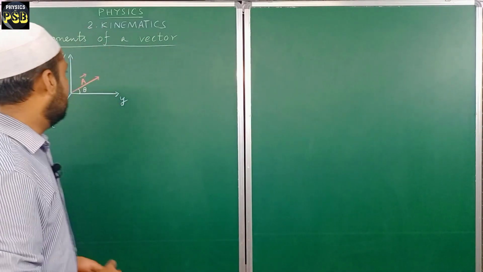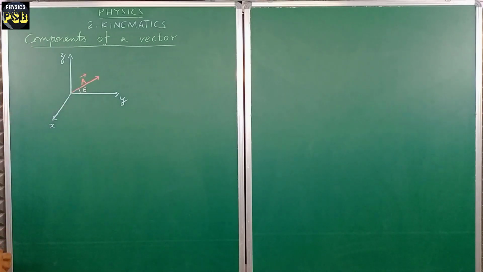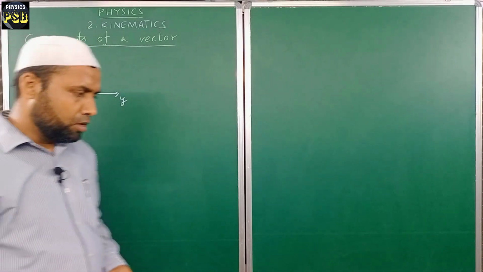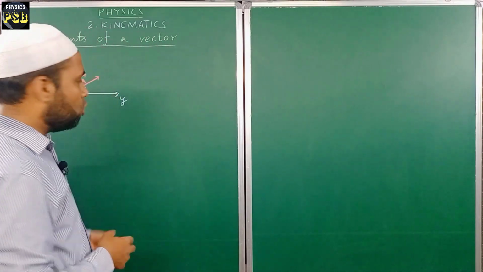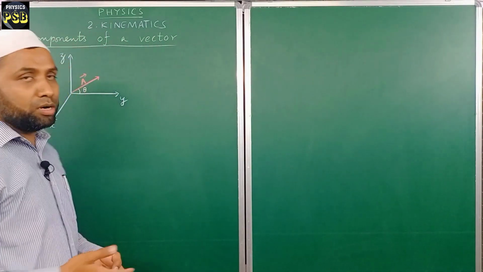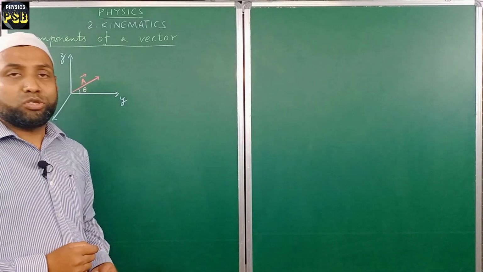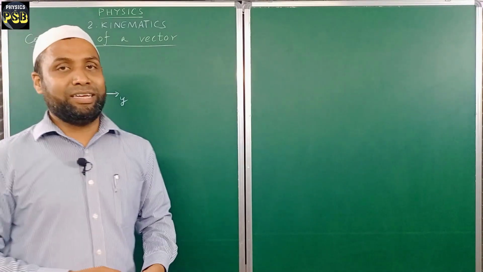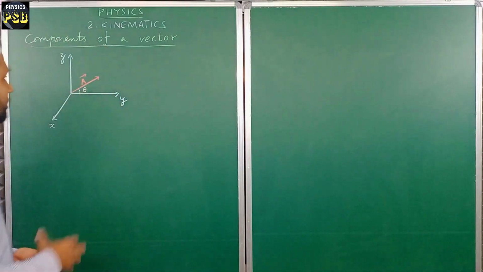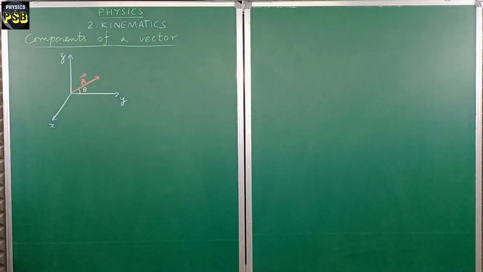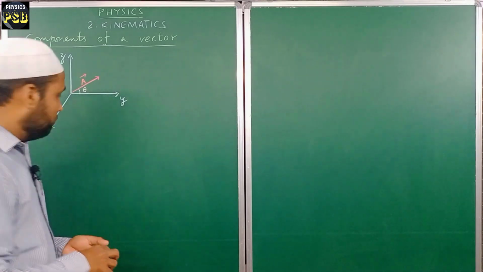Clear? Now, how one can resolve? When we represent a vector using a coordinate system, then it can be resolved into its components. Here the meaning of resolve is to split. Now I am going to split this vector into its components. There is one more way of representing.